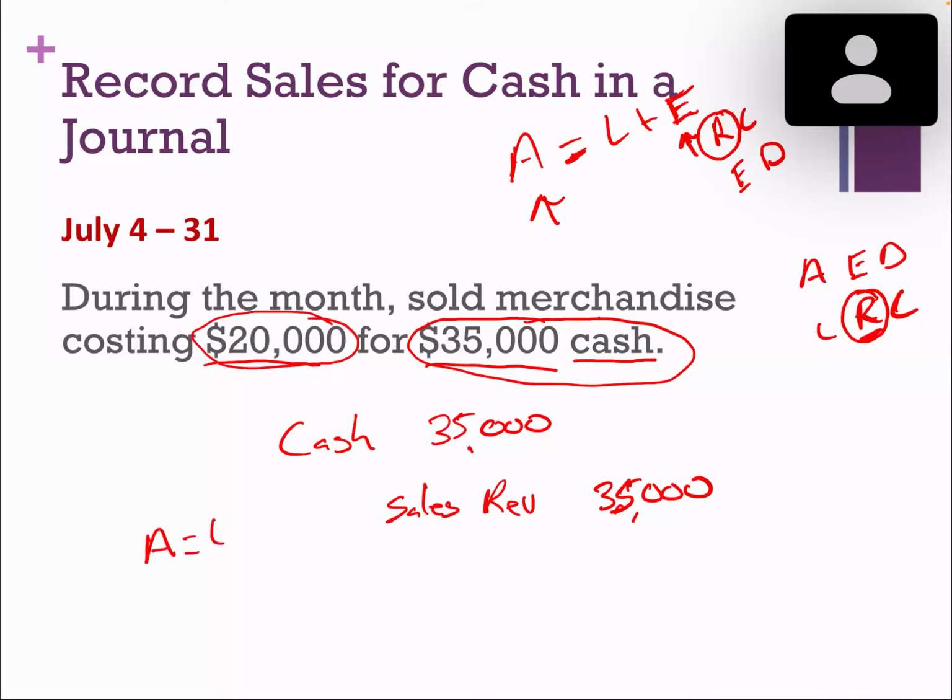Assets equals liabilities plus equity. Okay, so think about it. When we purchased inventory, that increased our assets, right? So now we're selling it. So our assets are going down, right, by $20,000. And so we can just go ahead and credit that inventory.